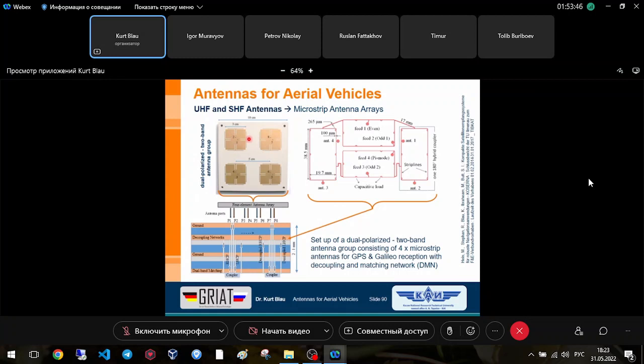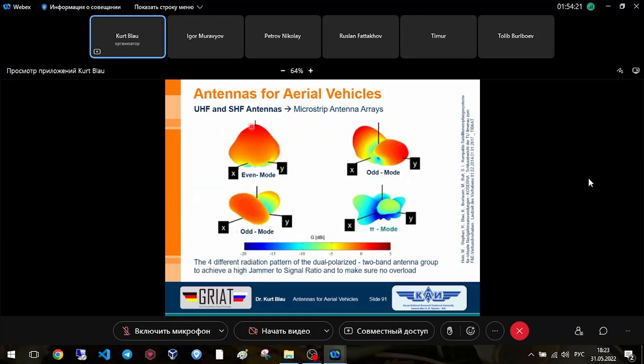We have here an array of 4 patches, and here you have a network. It looks very complicated because it's for 2 frequencies, and this network makes the following: you can feed all these 4 elements in such a way that you can achieve, depending on the feeding, as shown here, 1, 2, 3, 4 different patterns in parallel.